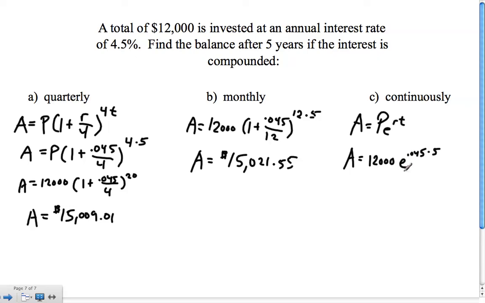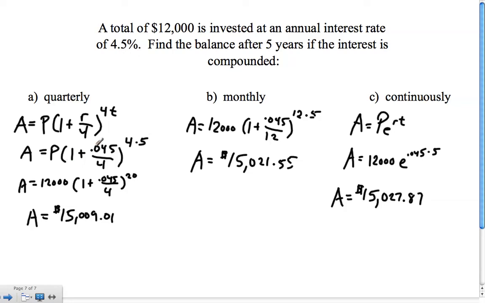So you'd hit 12,000, e, then the caret, and do 0.045 times 5. If you did this correctly, I can give you a check because I have the answer right here: $15,027.87.